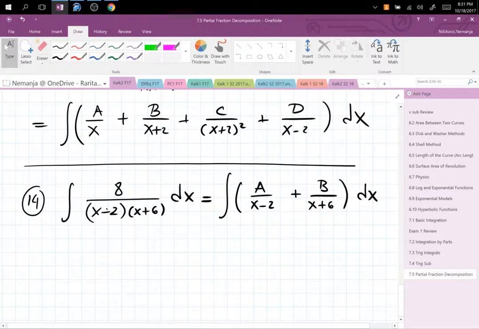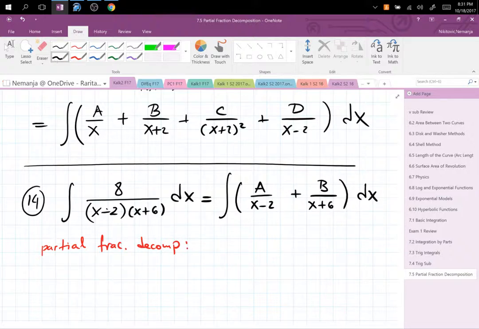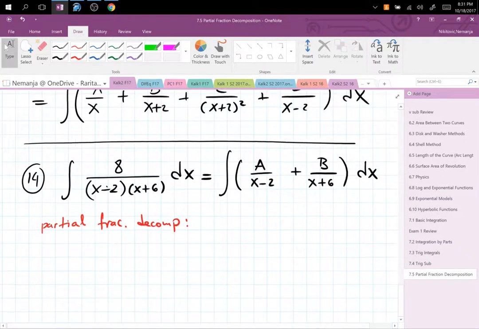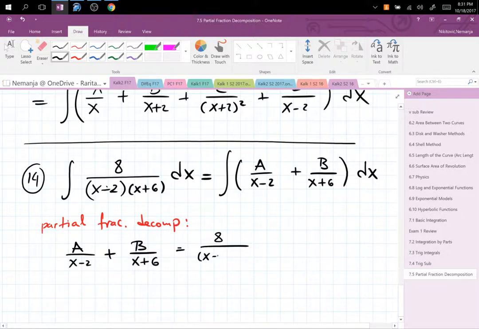And now we do partial fraction decomposition. The partial fraction decomposition would be a over x minus 2 plus b over x plus 6 needs to be equal to 8 over x minus 2 times x plus 6.